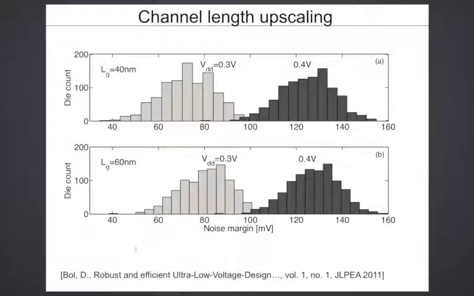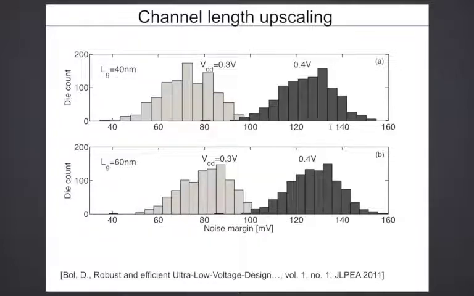So this graph is taken from this paper by David Bol, which is one of the papers for you to read up. And what the author does is show the impact of channel length scaling on the noise margin of two back-to-back gates.